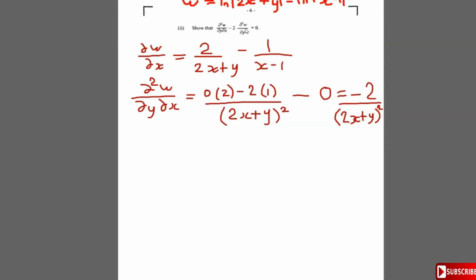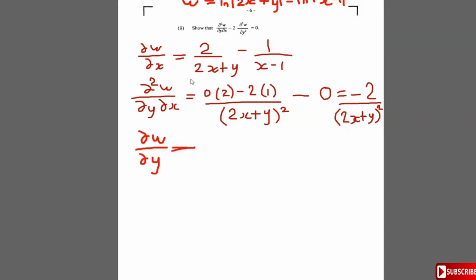Now we need to find out what is ∂²w/∂y². First, remember this was w. Let's do it in a different color. We're going to find ∂w/∂y, which means we differentiate w with respect to y.